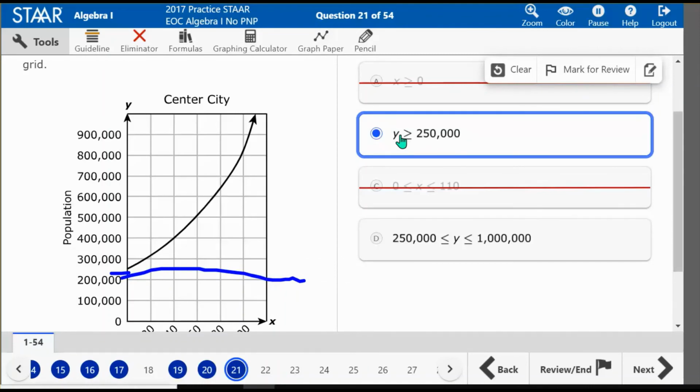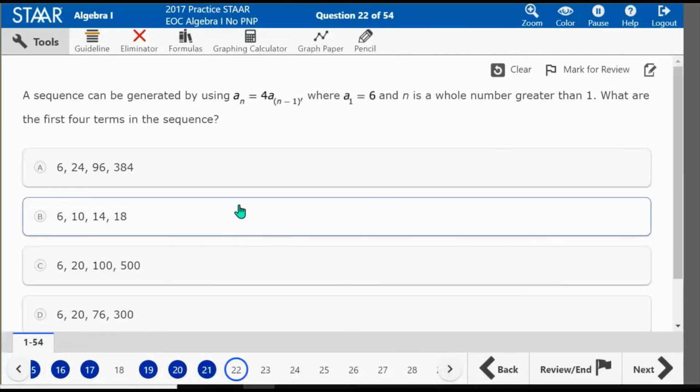Let's look at number 22. A sequence can be generated using a sub n equals 4 times a sub n minus 1, where a sub 1 is equal to 6.